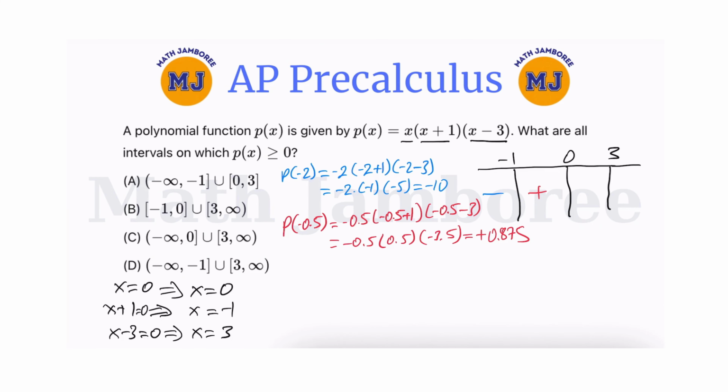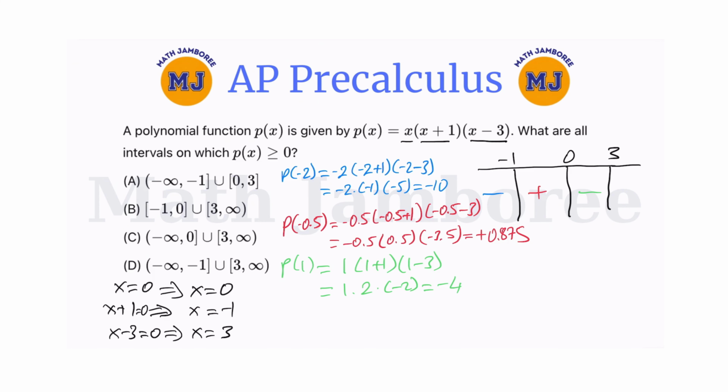In the next step, in the region between 0 and 3, I'm going to use positive 1 and substitute 1 for x. This becomes 1 times (1 plus 1) times (1 minus 3), so 1 times 2 times negative 2. As you can see, this equals negative 4. So in this area, our polynomial is negative.